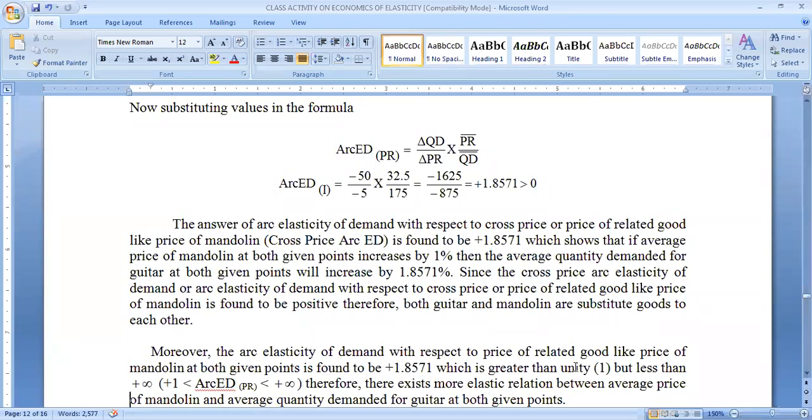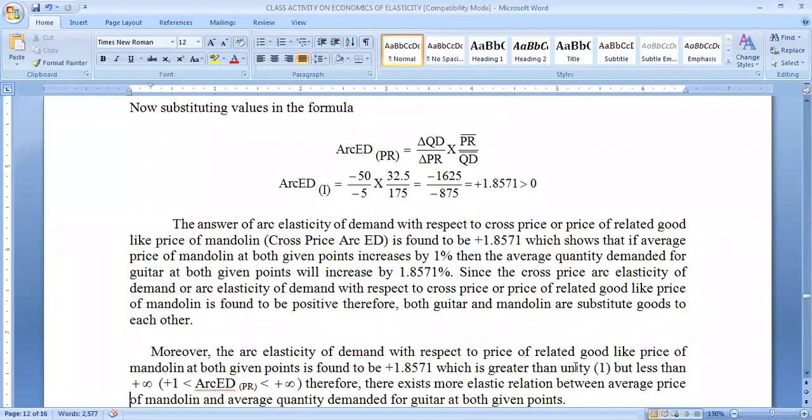That is why the demand for guitar will increase. Resultantly, quantity demanded for guitar will go up. Therefore, the price of Madeline and quantity demanded for guitar have a positive relation to one another. Therefore, it concludes that both guitar and Madeline are substitute musical instruments to one another, right?